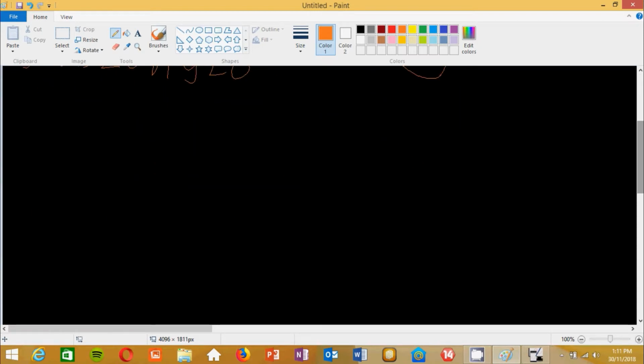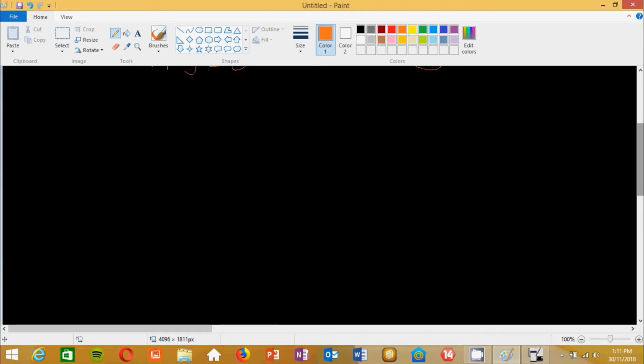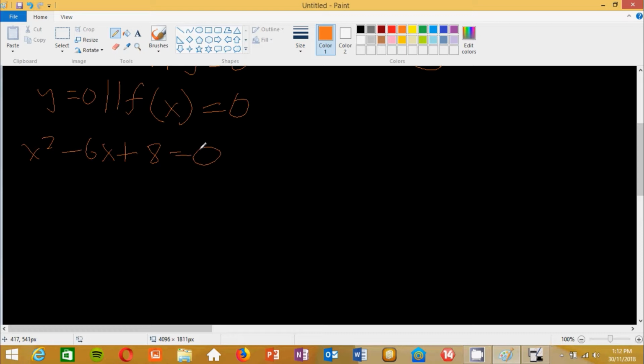The next thing that we need to do is to figure out where this function cuts the x-axis. Where the function cuts the x-axis, that's y is equal to 0, or f of x is equal to 0. So we have the quadratic equation x squared minus 6x plus 8 is equal to 0.